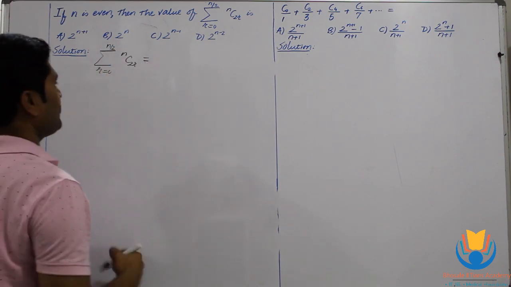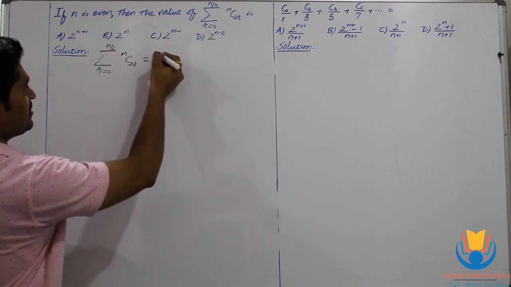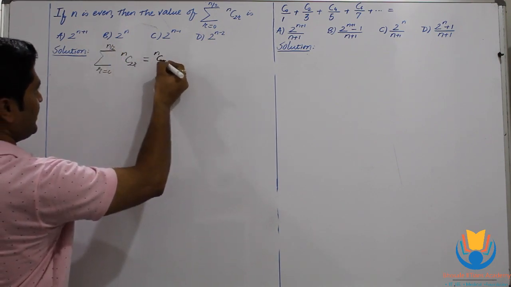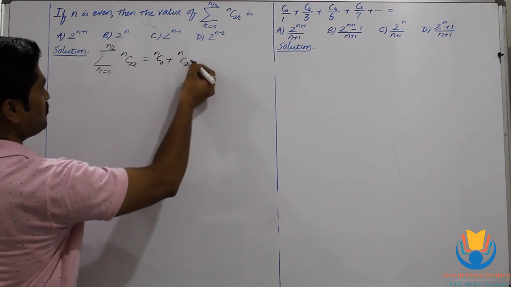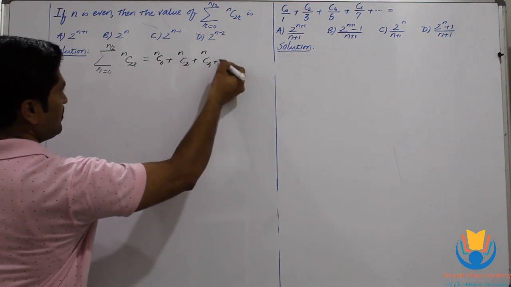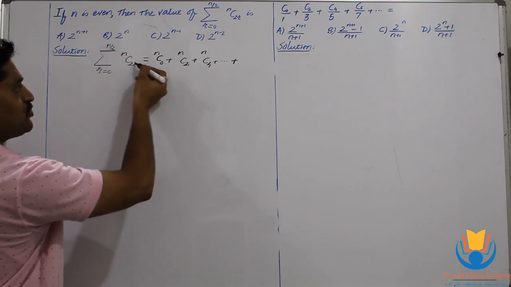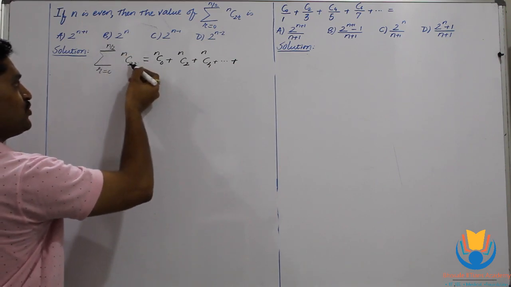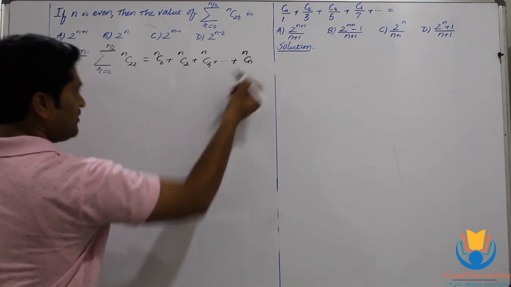Let's put the values of r as 0, 1, 2, 3 up to n/2 in this combination. The first term will be nC0, then nC2, then nC4, plus ... plus the last value of r, which will be n/2. The n/2 gets cancelled, so that will be nCn.